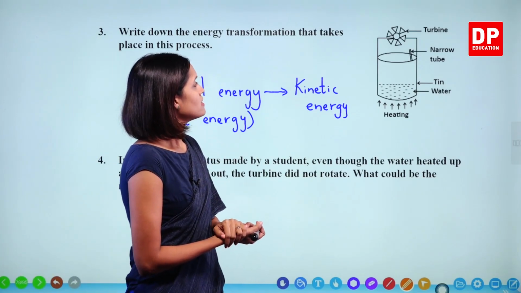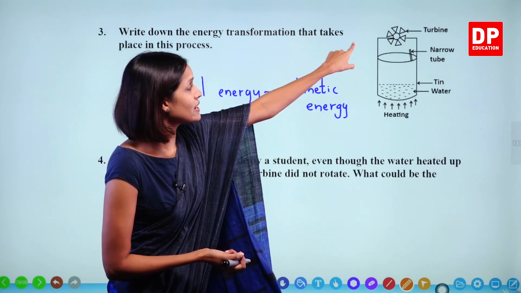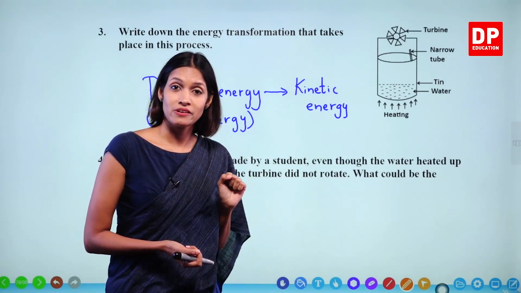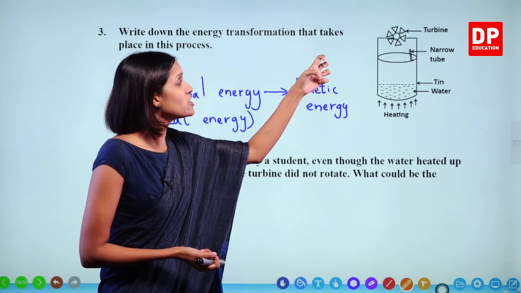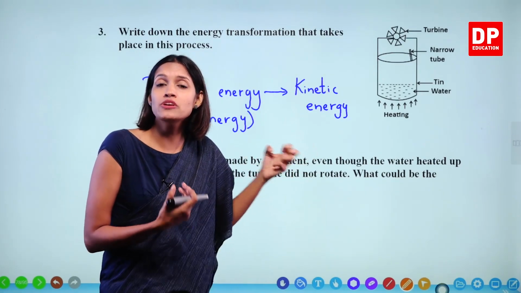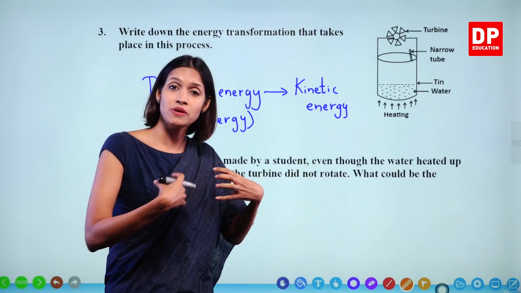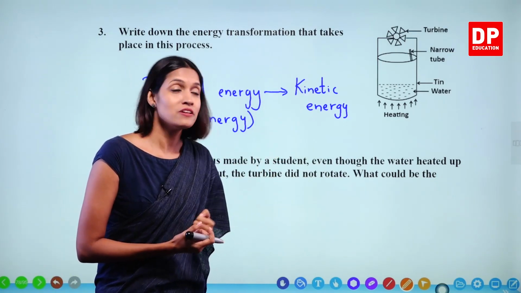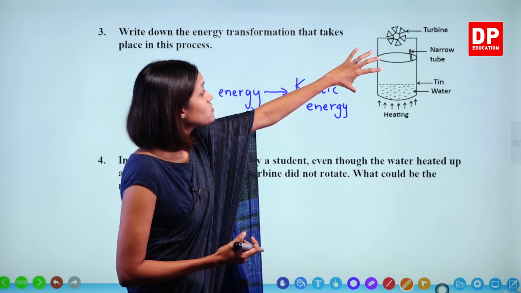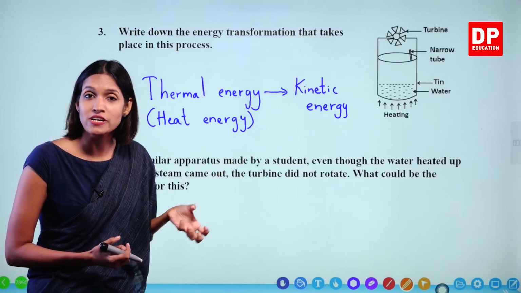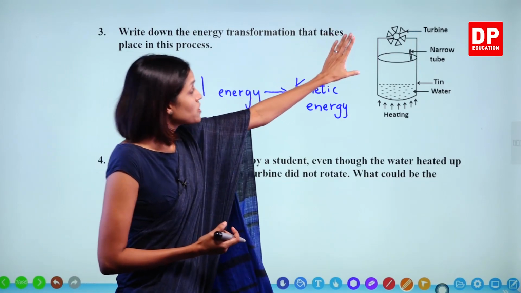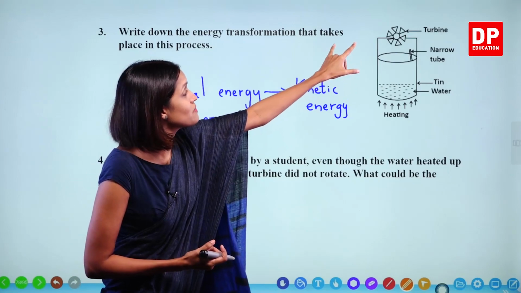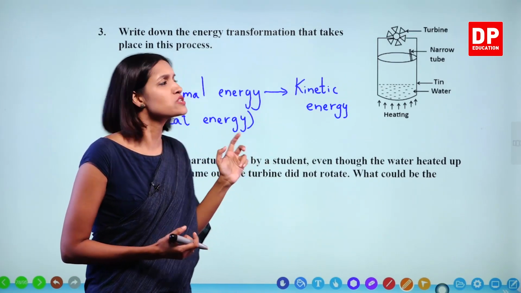I told you in order to rotate this turbine, steam should be at high pressure, right? If the required pressure is not there, the required speed will not be there. Only if the pressure is there, it will come out at high speed. If the pressure is not there, the speed will be low. So then the turbine will not rotate.